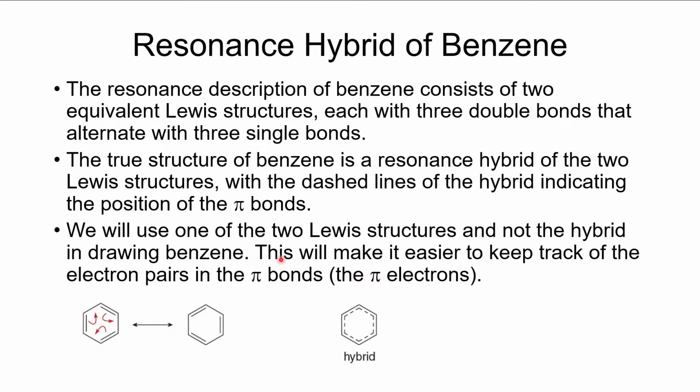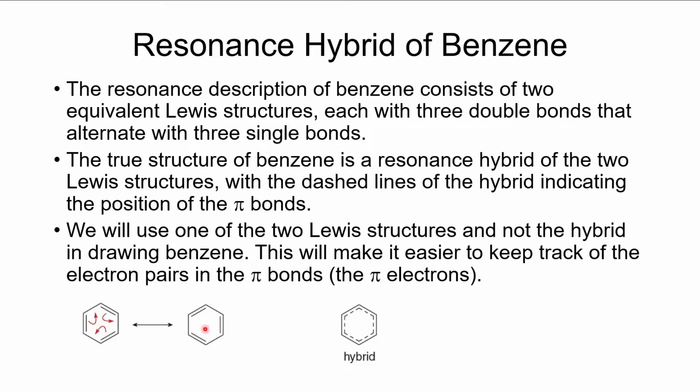When we are doing mechanisms, we are going to draw the Lewis structures. We're going to draw these skeletal type structures of benzene, one, because hybrid structures are not legitimate Lewis structures. Hybrid structures are very important because they tell us what the molecule actually looks like, but they don't help us to account for the electrons.